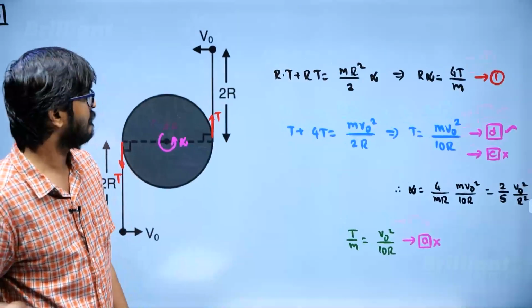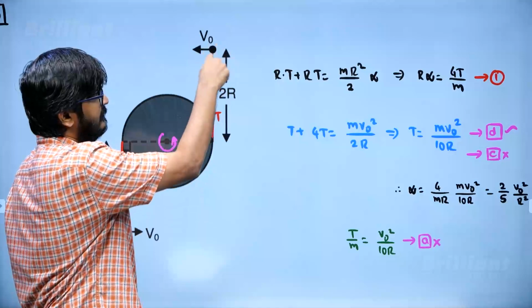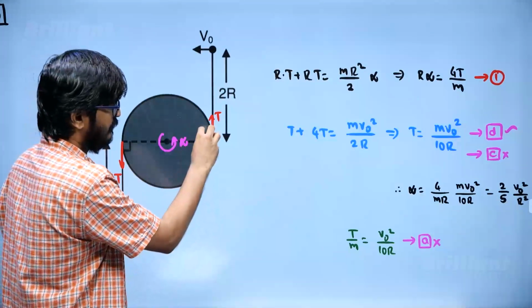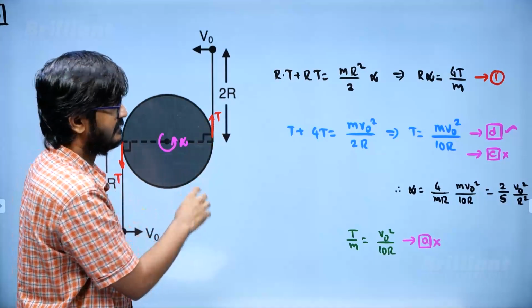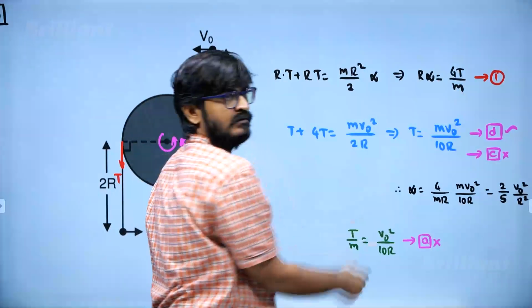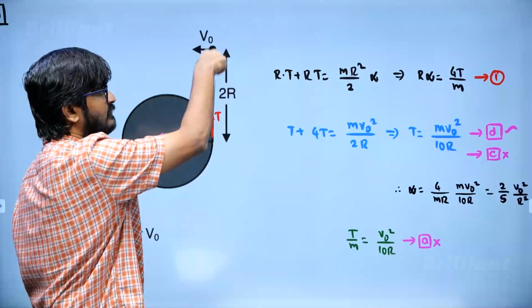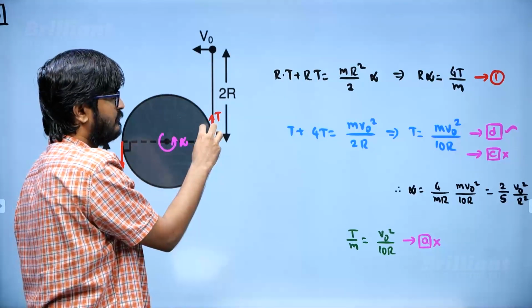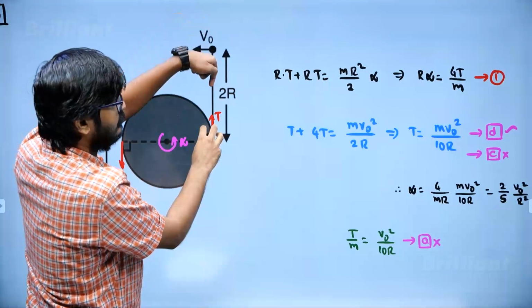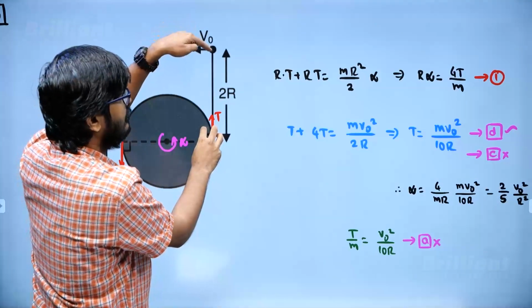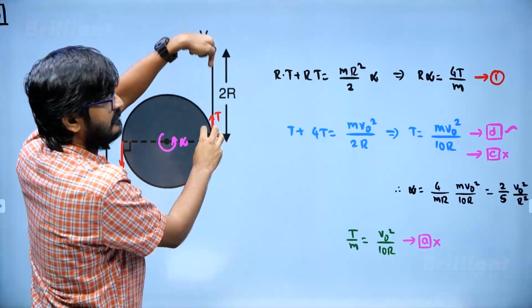Now what I know, with respect to this point on the disk, this must be performing circular motion. So I will observe from this point. This point is accelerating, and how much is the acceleration? This much. So when I observe from this point, there will be a pseudo force also acting. There will be tension apart from that pseudo force. How much is the pseudo force? m into acceleration of this point in magnitude, but direction wise this way.